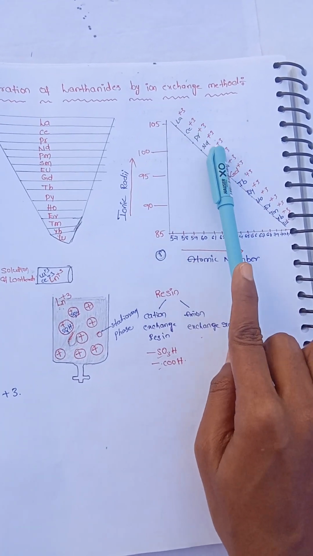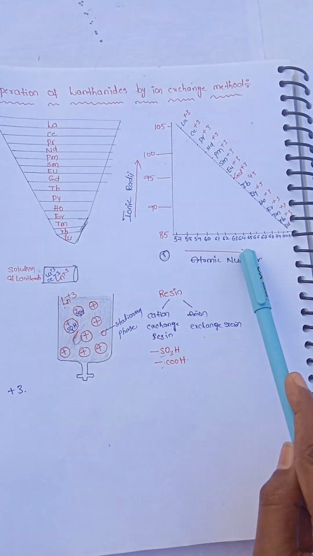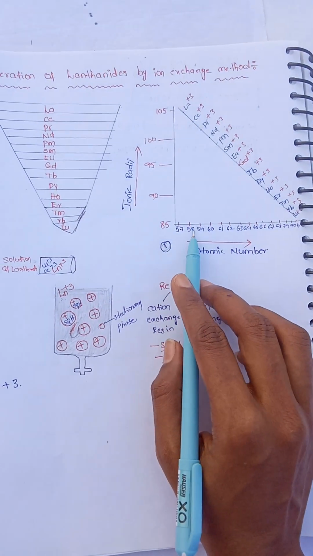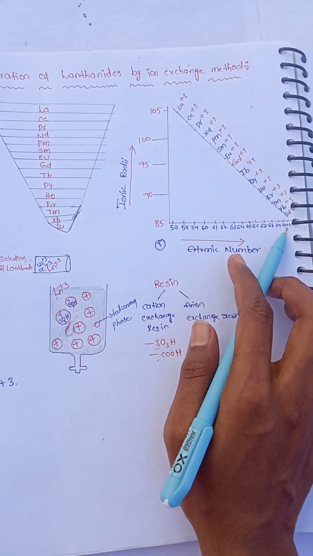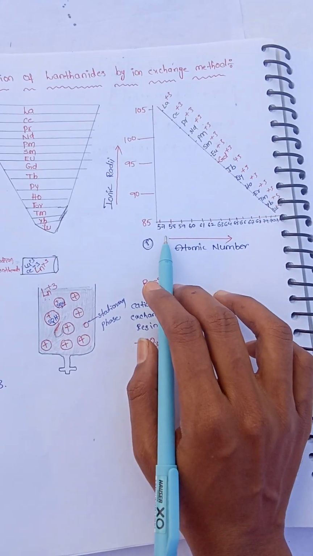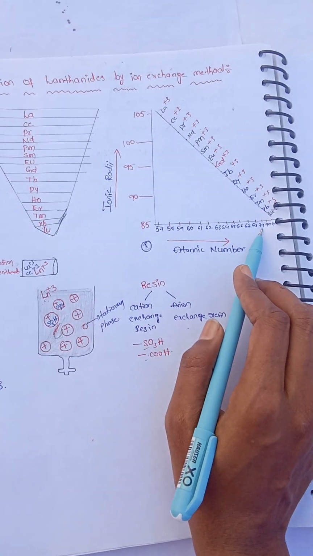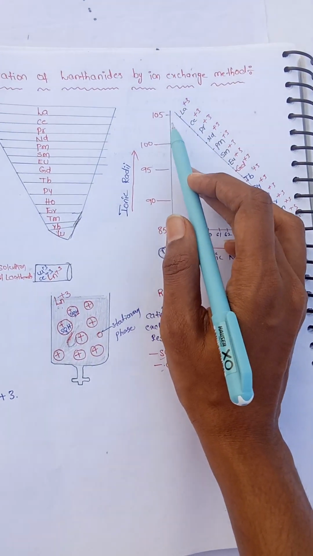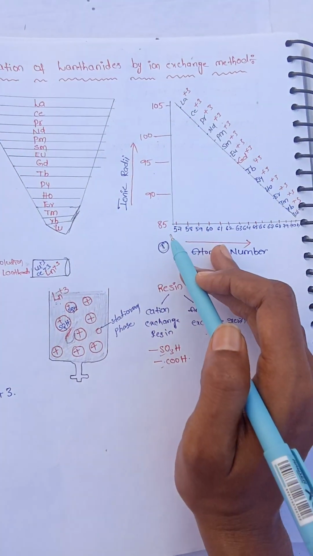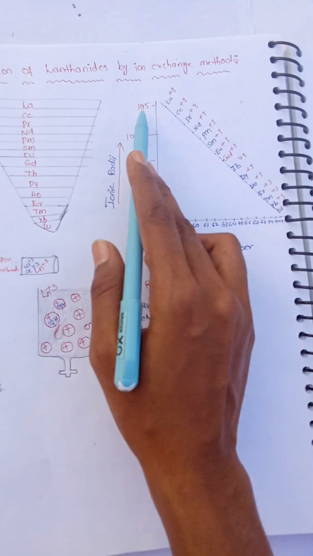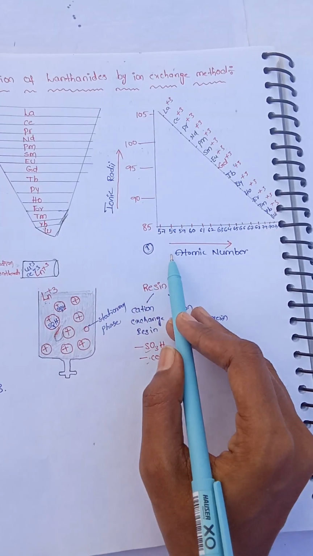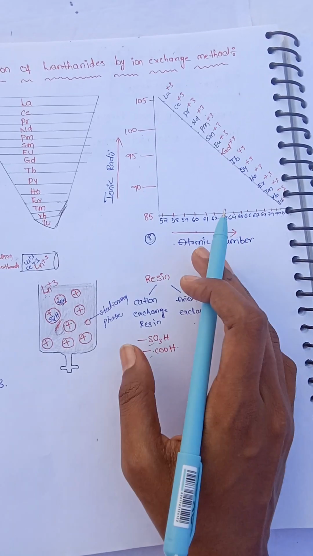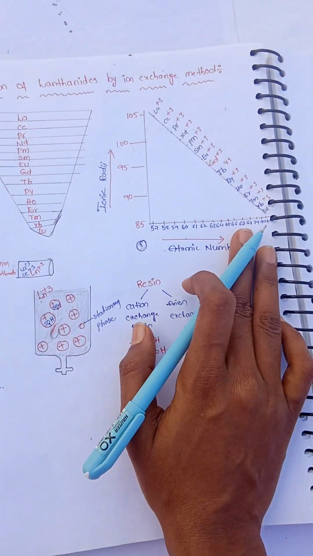In this diagram, all the lanthanide atoms are plus 3 ions. When the atomic number increases, from 57, 58, 59, 60, 61 up to 71, that is lanthanum to lutetium, the ionic radii decrease, from about 105 down to 85. The ionic radii decrease progressively with increasing atomic number from cerium to lutetium.